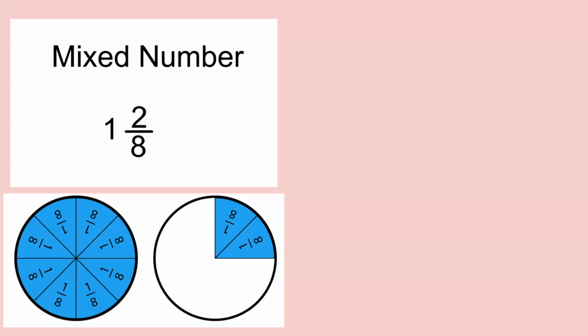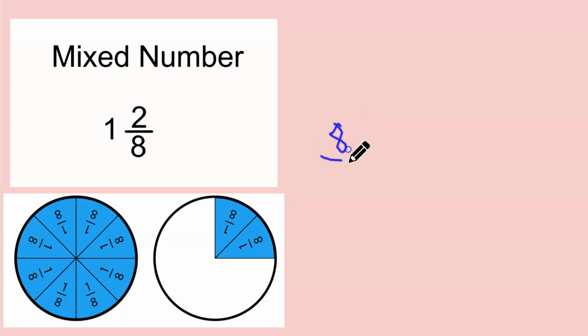How about a mixed number? 1 2/8 is a mixed number. That means it's made up of a whole number plus a fraction. So if I want to decompose my mixed number into the sum of fractions, first I'm going to think about turning my 1 whole into eighths. So how many eighths would it take to make 1 whole?